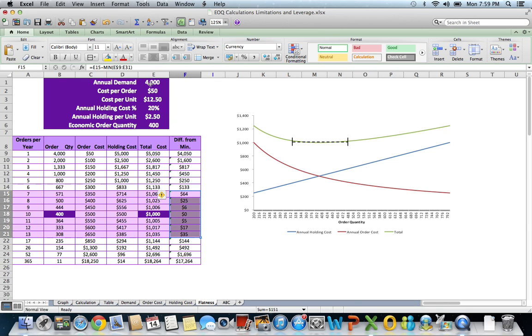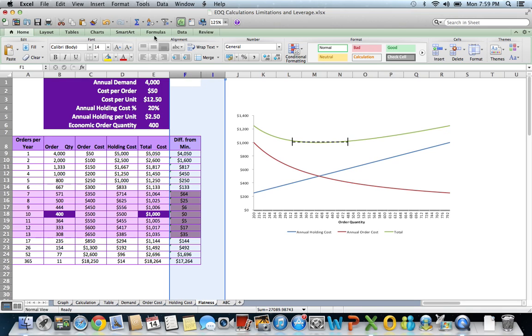Even if all these assumptions were perfect, if we ordered 400, it costs us $1,000 total. But if we ordered 444, $6 different. 364, $5 different.